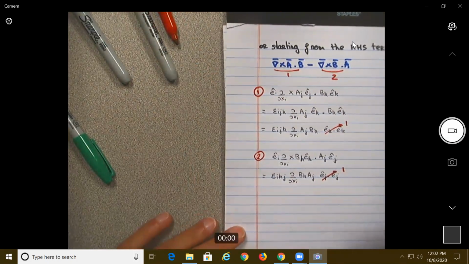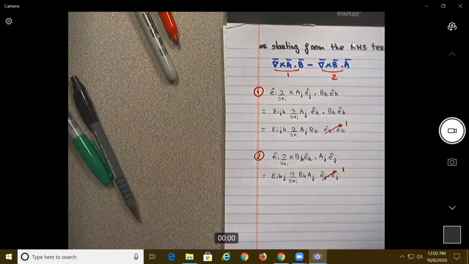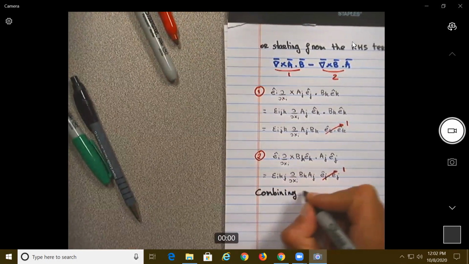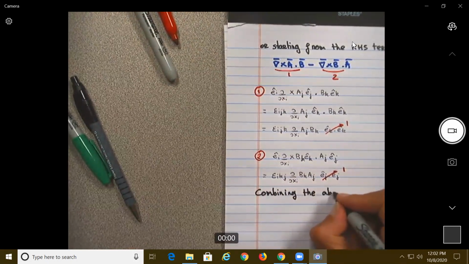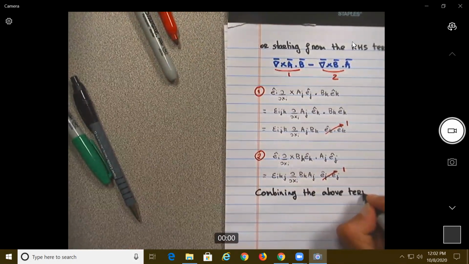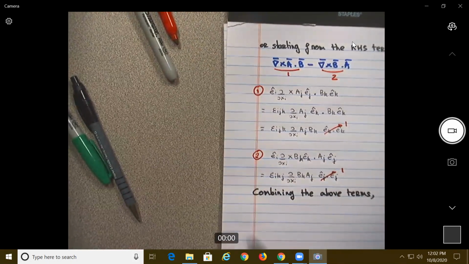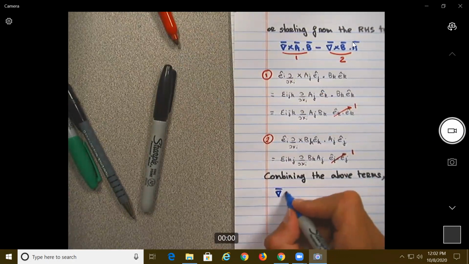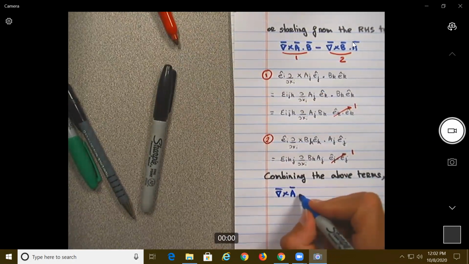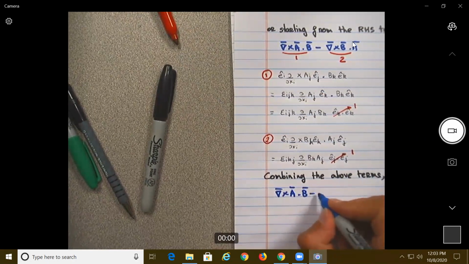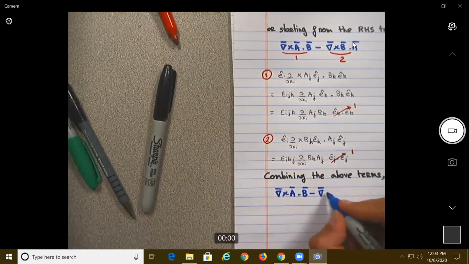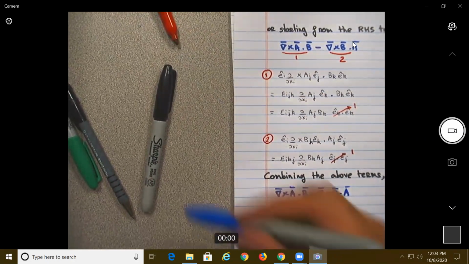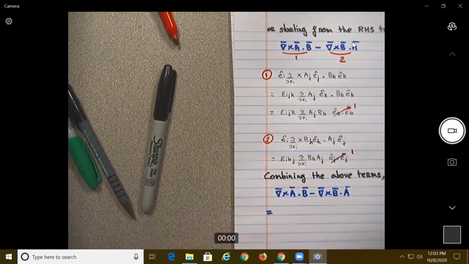Okay, yes, you're absolutely right. So combining the above terms, we have that del cross A dot B minus del cross B dot A will be equal to what?